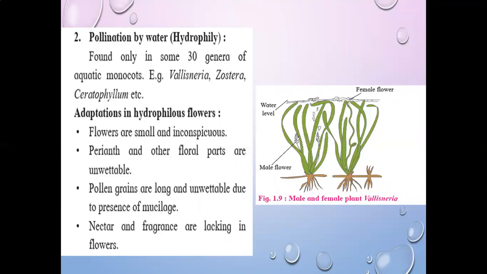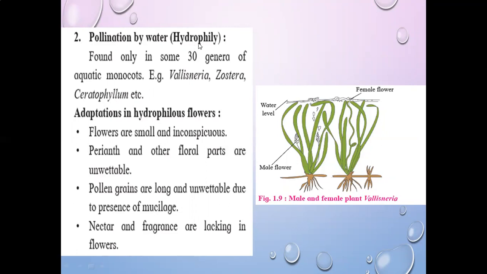Pollination by the agency of water is called hydrophily, and it is found in some 30 genera of aquatic monocots, for example Vallisneria, Zostera, Ceratophyllum, etc. Here the diagram is of Vallisneria.